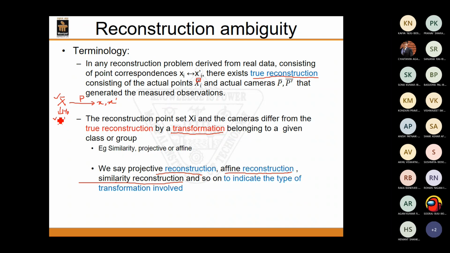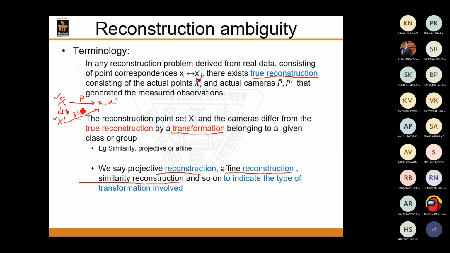This is my reconstructed scene when I tried to reconstruct using some method. Now this reconstructed scene and the actual scene would be related to each other by a projective transformation. If I apply the same transformation to the camera parameters, it would become P H_P inverse.